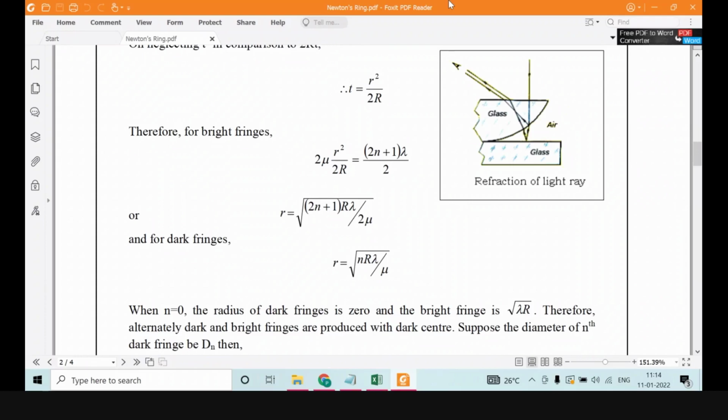You can clearly see over here, this is your plane glass and this is your convex lens. The light ray passes from here, goes into the air film and is reflected. So our aim is to measure the wavelength of the light.